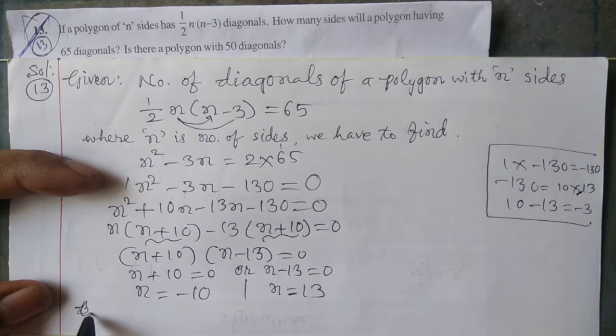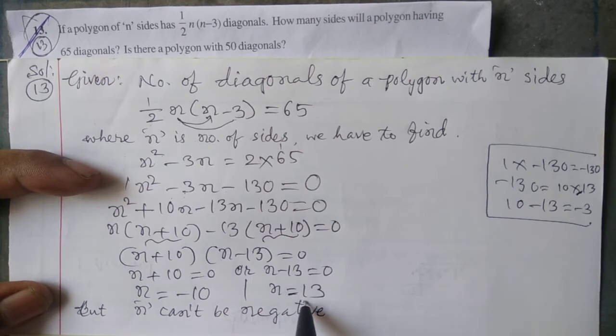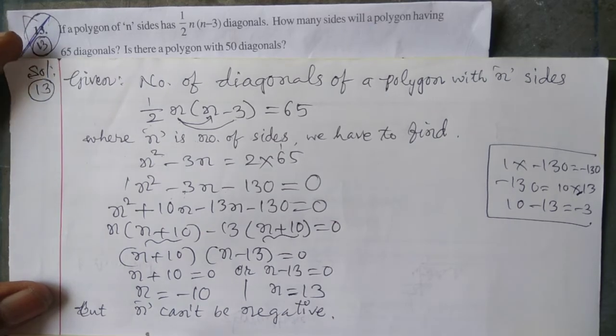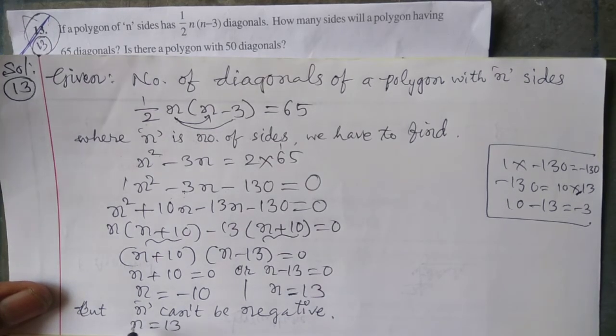But n can't be negative because these are sides, that's why n is equal to 13.